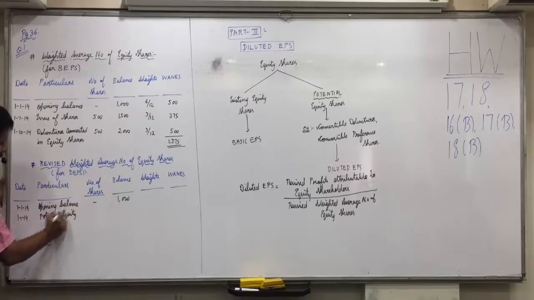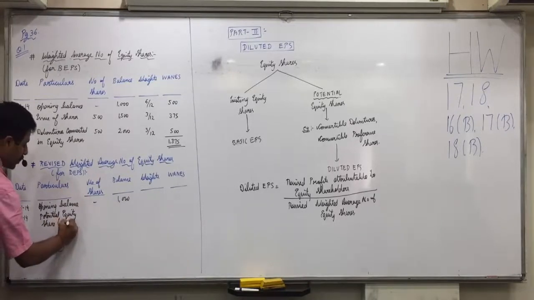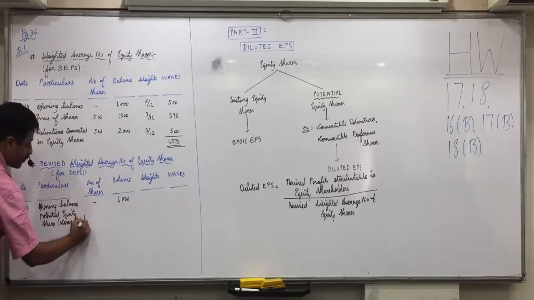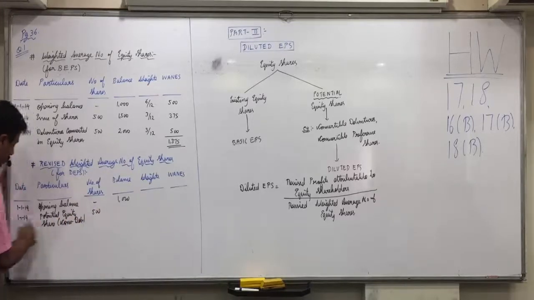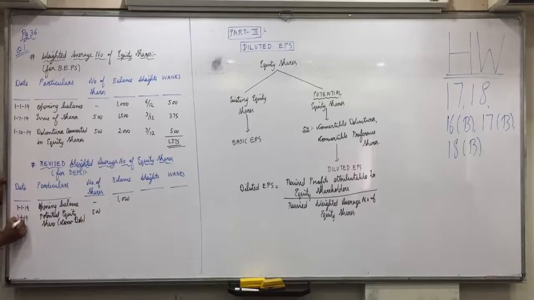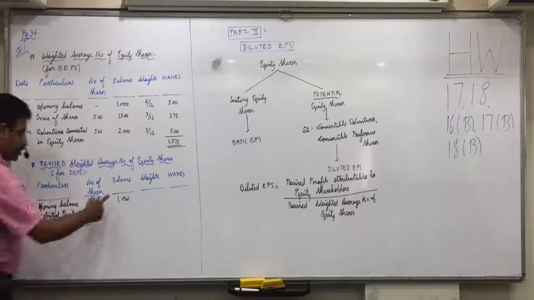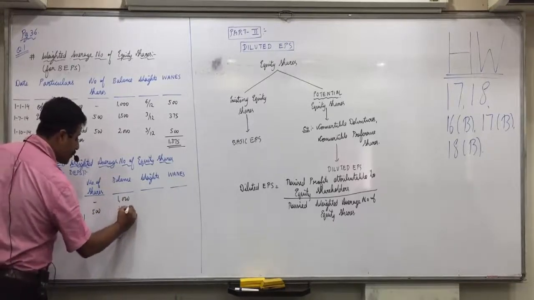Potential equity shares means convertible debentures. Do the debentures exist from the beginning of the year or not? So as a potential equity share, they are already there in the company from the beginning of the year. So 1,000 plus 500, 1,500.